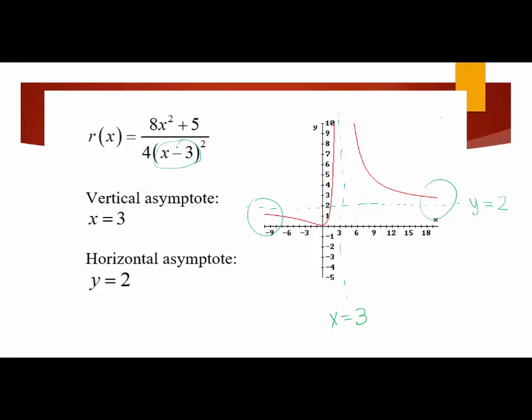If I grab the zeros from this factor, it's x equals 3. For my horizontal asymptote, I want to think of the ratio of leading terms. In my numerator, my leading term is 8x squared. And in my denominator, if I were to multiply this out, I would get a leading term of 4x squared. If I reduce this, 8 divided by 4 is just 2. So that gives me my horizontal asymptote of y equals 2.